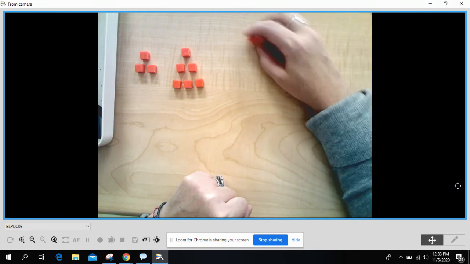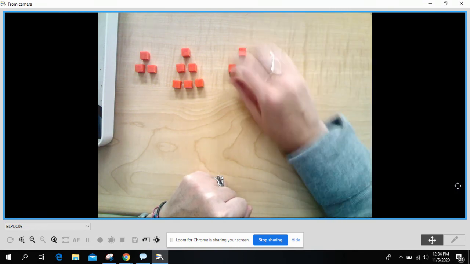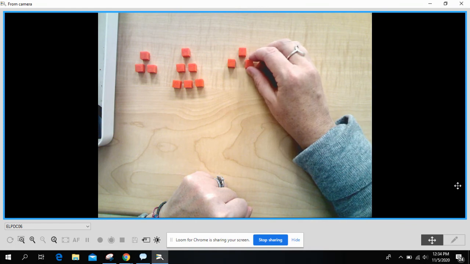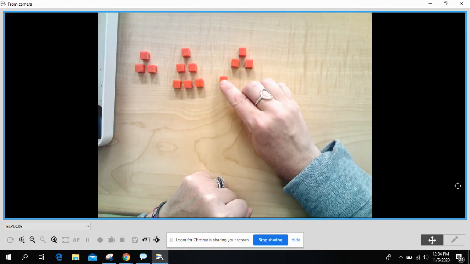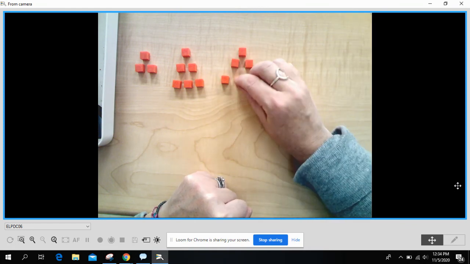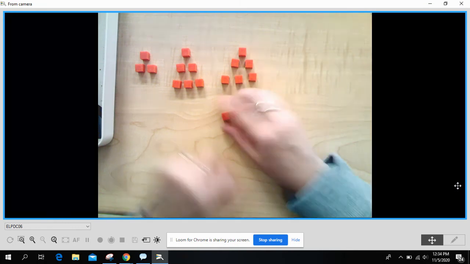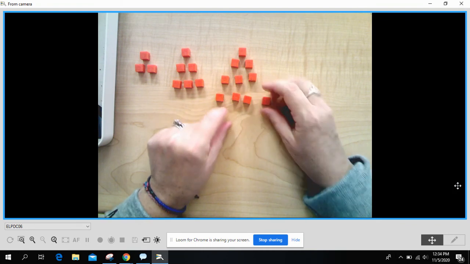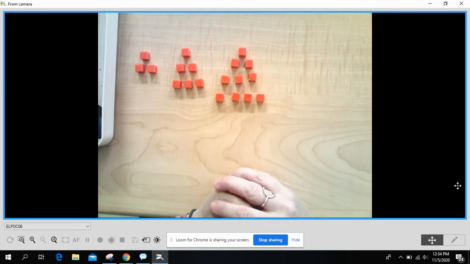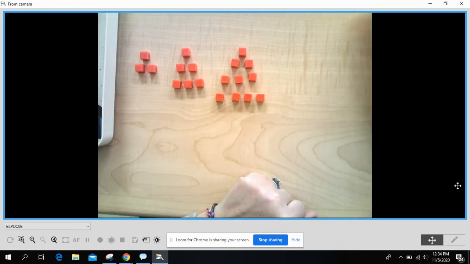Here's the third term. You think you know what's going to happen? I bet you do. There's the third term. Here's the fourth term.